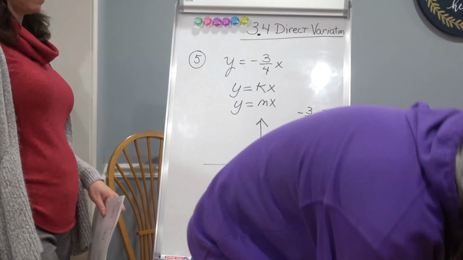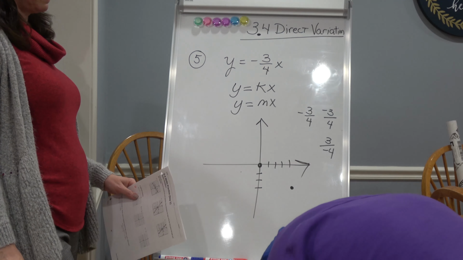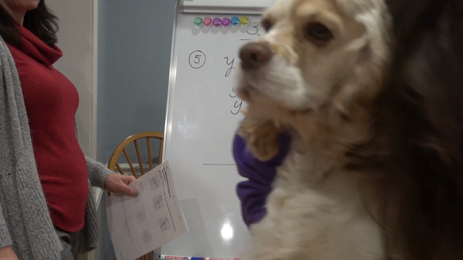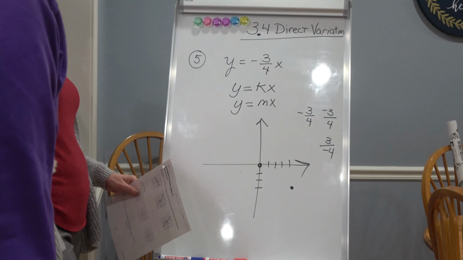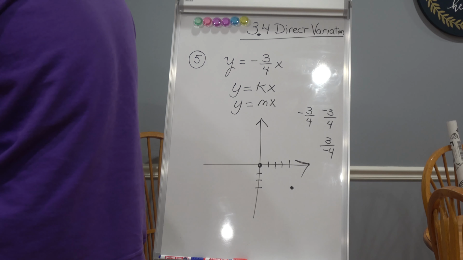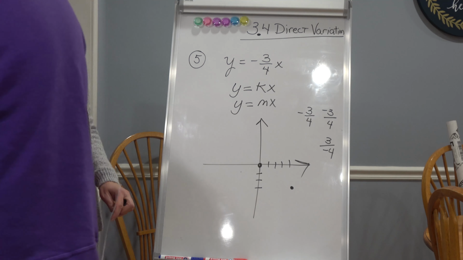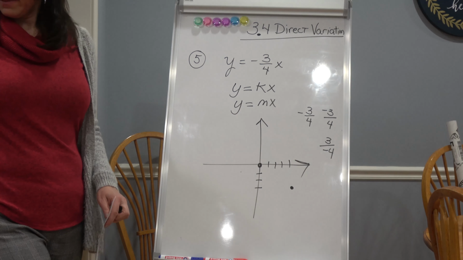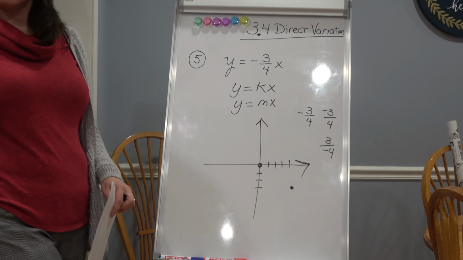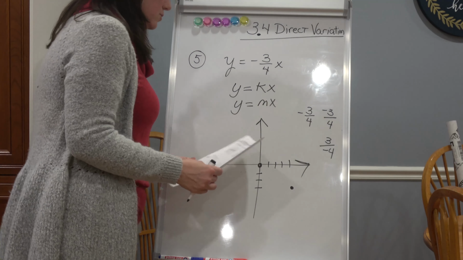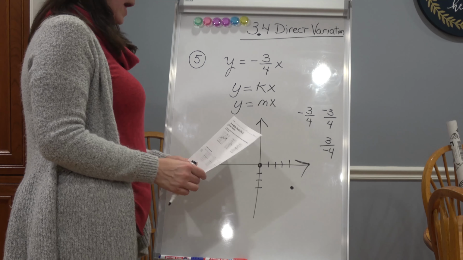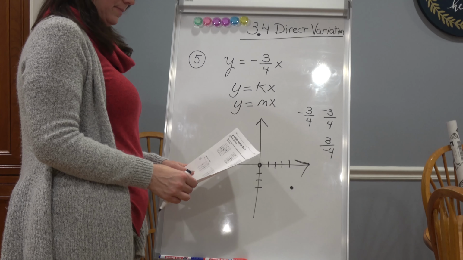Alright, before, we'll just edit this part out. What do you want me to do with it? Put it right there. Okay. Love you, fuzzy buddies. Okay. Alright, so, as I was saying.